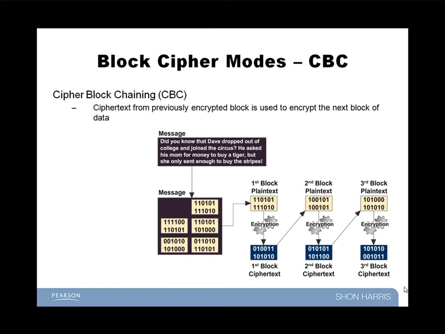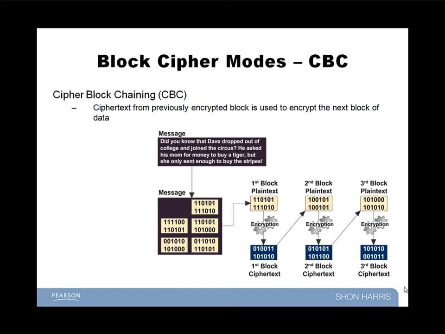So if we look at this graphic, we have a message. It's cut up into blocks. That's what a block mode cipher will do, and a cipher is an algorithm. So I write you a message. My symmetric algorithm will cut that message into individual blocks. The first block will go through the encryption process, and what comes out of that is ciphertext block 1.